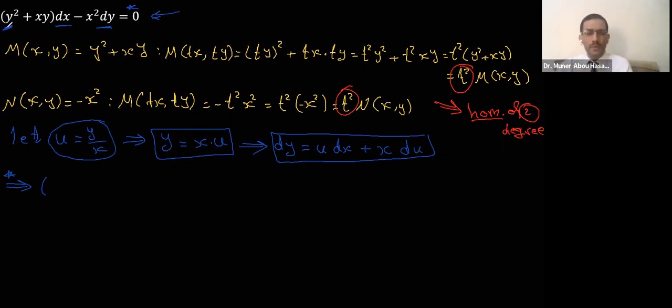So instead of y, I'm going to write x squared u squared plus x times xu, times dx, minus x squared times the differential of y, which is u dx plus x du, equals 0. Do you have any question here?